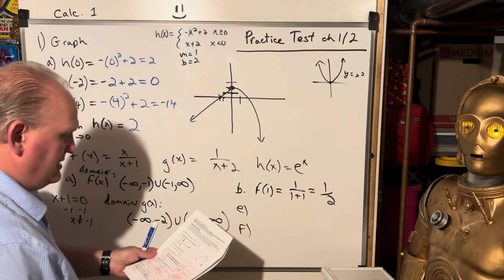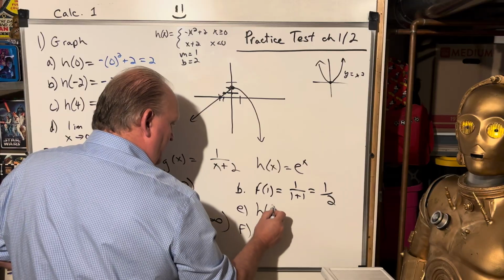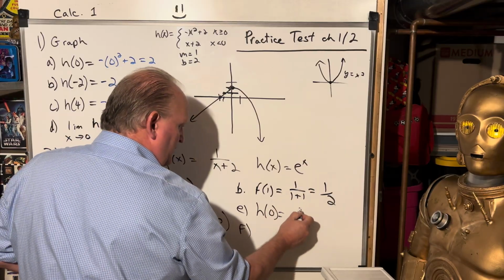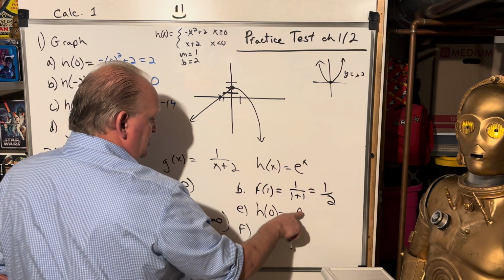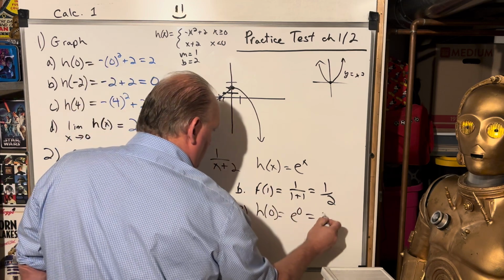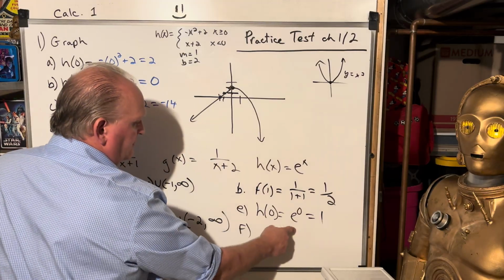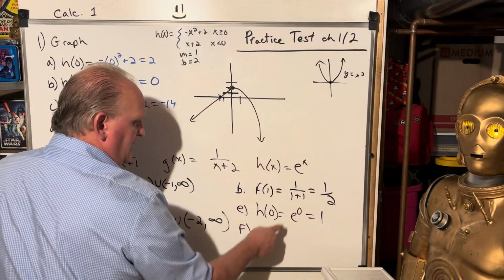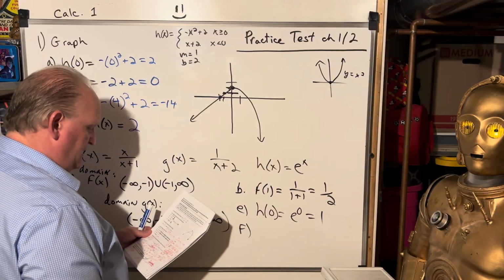So E is just find h of 0, which is just put a 0 in there, which is easy, right? Anything to the 0 power is 1. Even on your scientific calculator, you have an E button, the second ln, and you could put it to the 0 power, but it's kind of a waste of time.